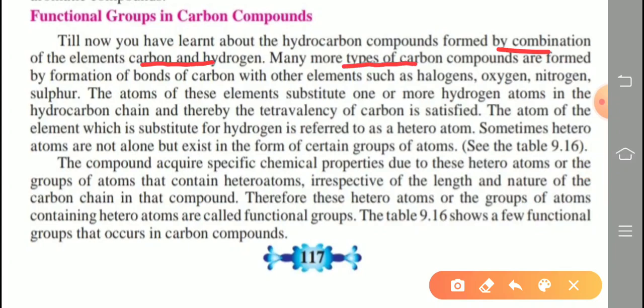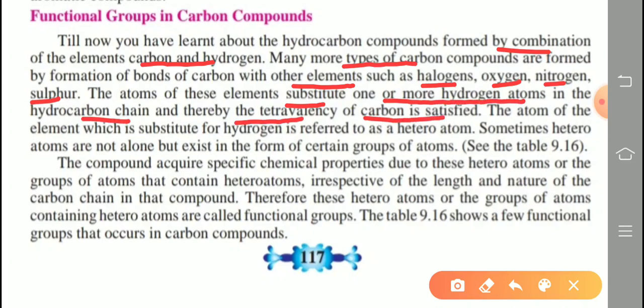Many more types of carbon compounds are formed by the bonding of carbon with other elements such as halogens. Halogen means fluorine, chlorine, bromine and iodine, which we learned in lesson number 2. Oxygen, nitrogen, sulfur. The atoms of these elements substitute one or more hydrogen atoms in the hydrocarbon chain, and thereby the tetravalency of carbon is satisfied.